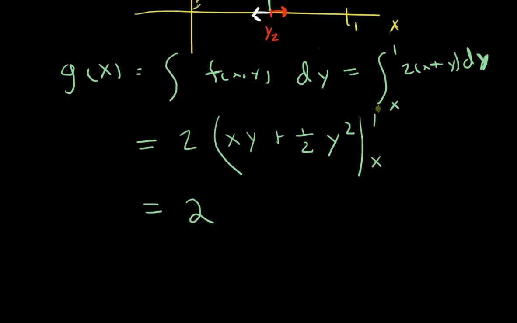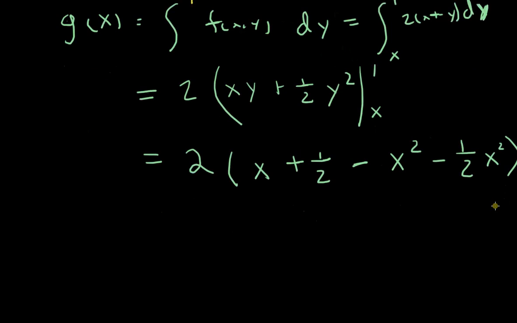Plugging in these values for y, I have x plus 1/2, okay, that's plugging in 1, minus x squared minus, I'm distributing the negative sign there, 1/2 x squared.